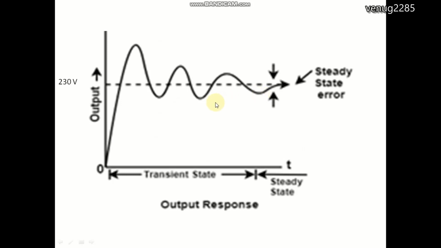Let us assume that you are connecting a 230 volt supply to an electrical equipment. It starts from 0 to 230 and settles down at some other value. The transient state is when the 95% of the desired output is attained. After that, it should be a steady state.